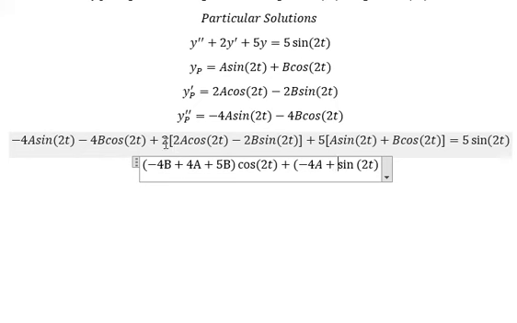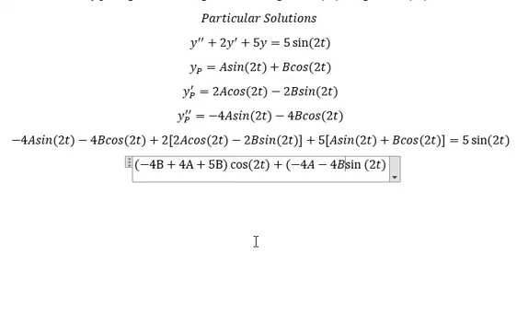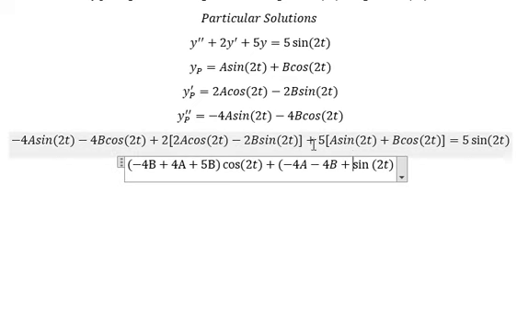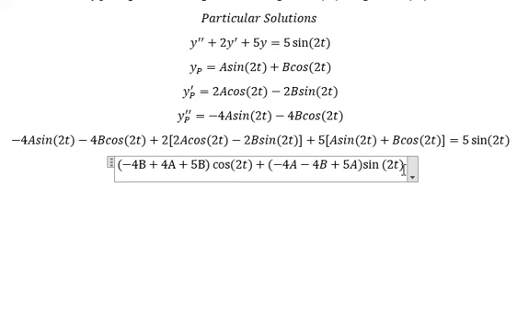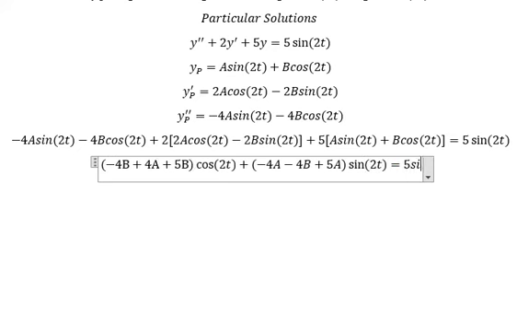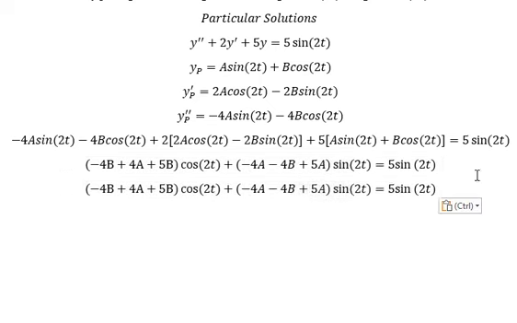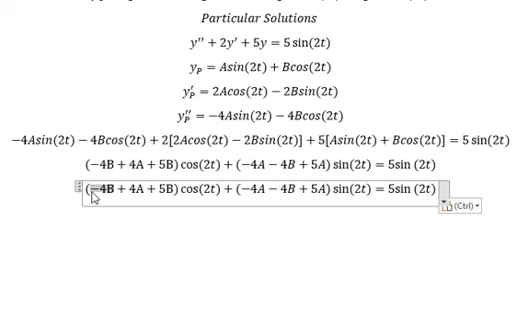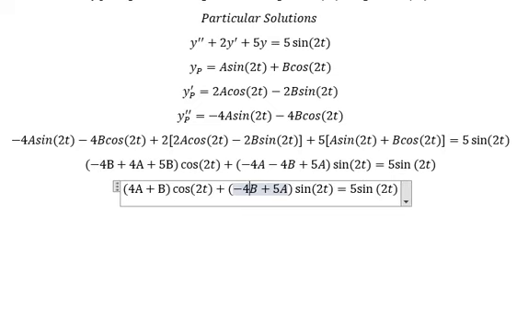The next one, we have 2 and negative 2b, and that's negative 4b. And we have 5a. So 5b minus 4b, we have positive b. Negative 4a plus 5a, we have positive a.